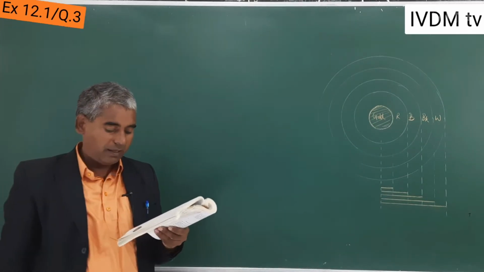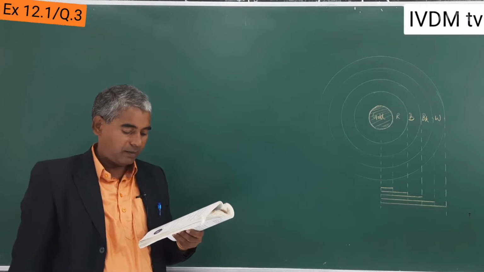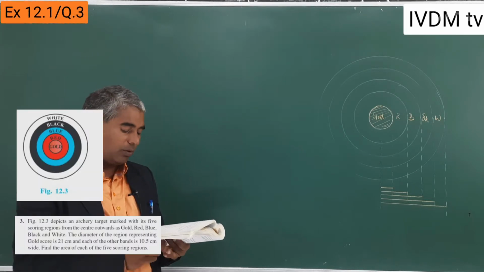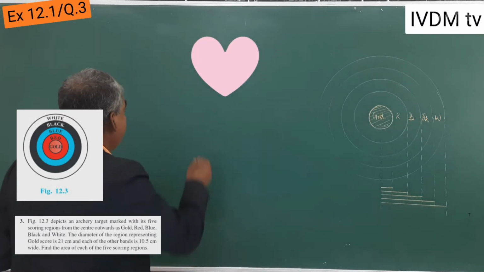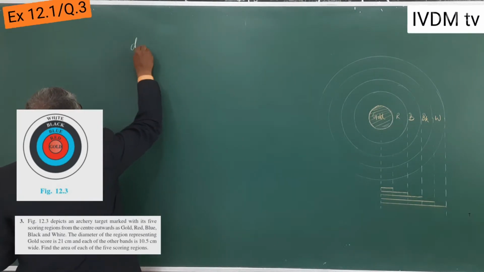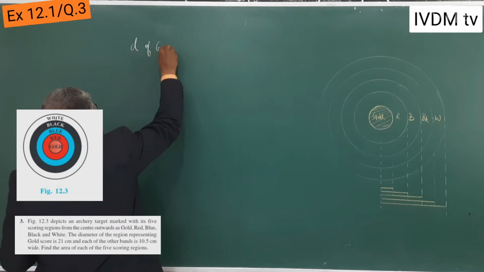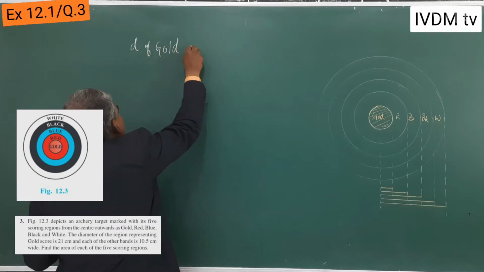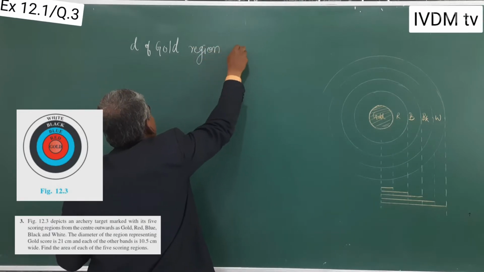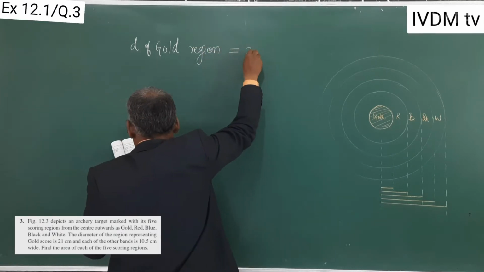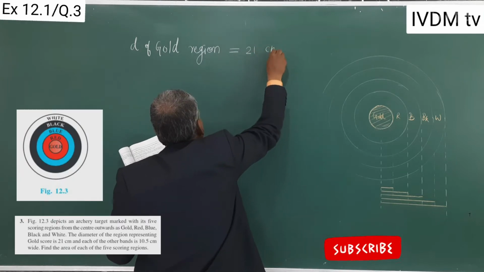The diameter of the region representing gold score is 21 centimeter. Diameter of gold region is equal to 21 centimeter.